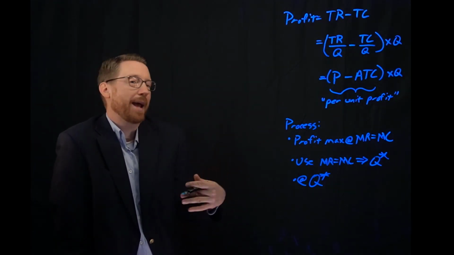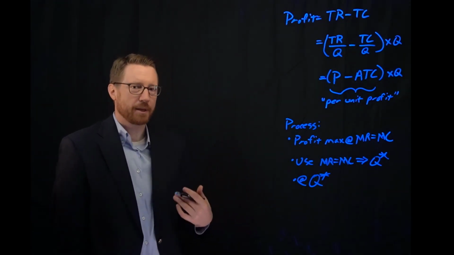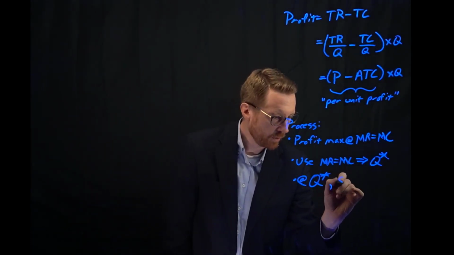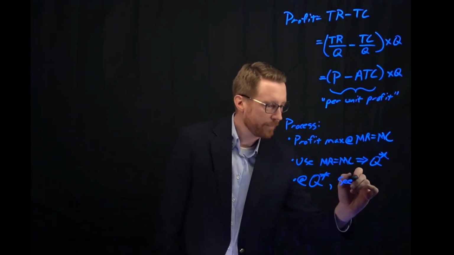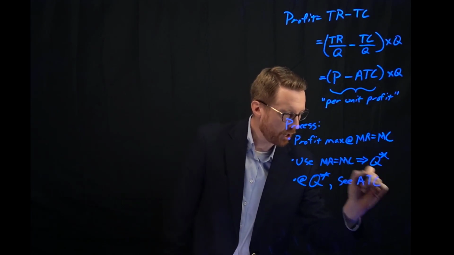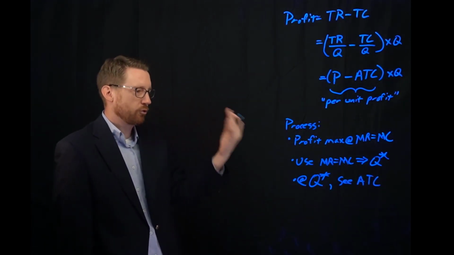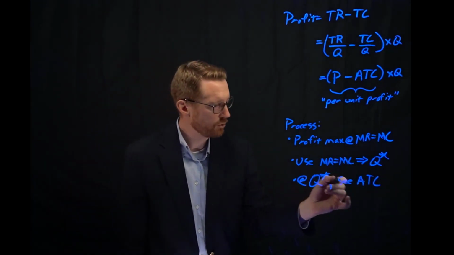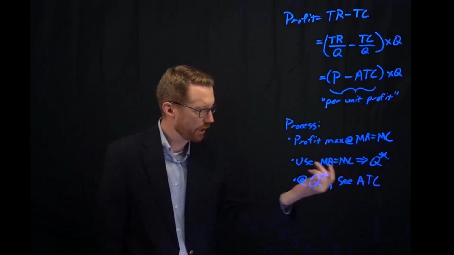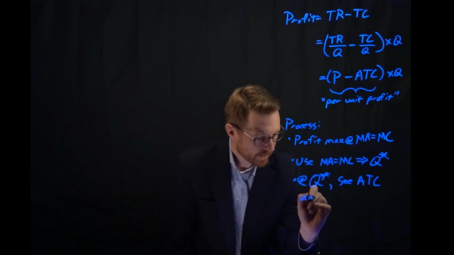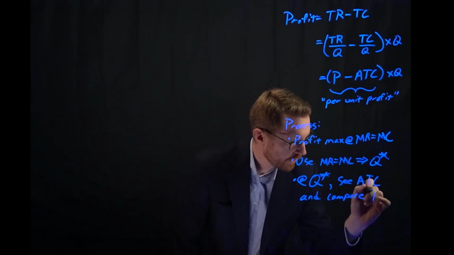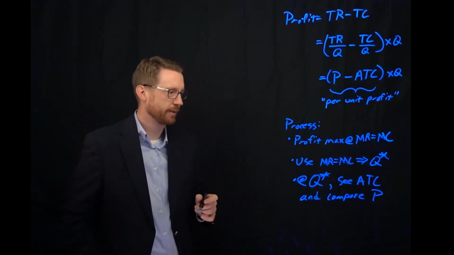Sometimes a firm may maximize its profit but still not be profitable. So at Q star, we see what average total cost is and we compare it to the price.